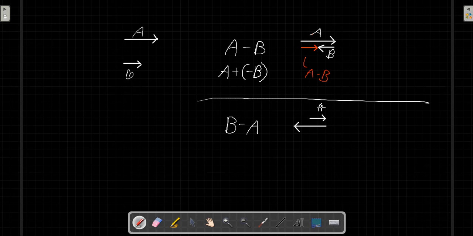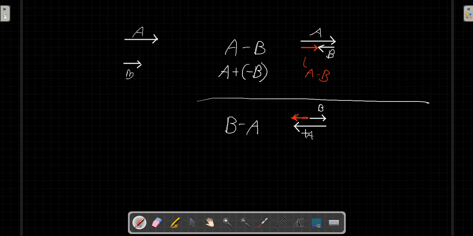So this is B, this is A. If you do the same method we did, draw from the tail of the first one to the tip of the second one, it's not going to be this way anymore because we're going from here to here. So it's actually going to be this way. Sorry, didn't have the straight line function on.